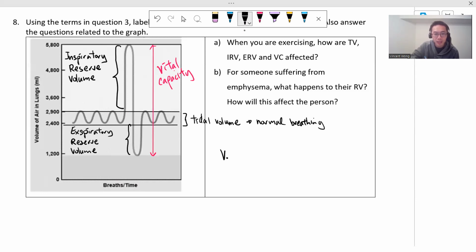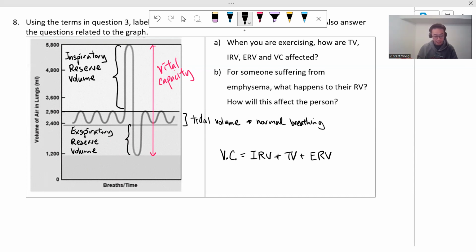Vital capacity equals inspiratory reserve volume plus tidal volume plus expiratory reserve volume. Vital capacity represents the maximum volume of air that you can voluntarily move in and out of your system.